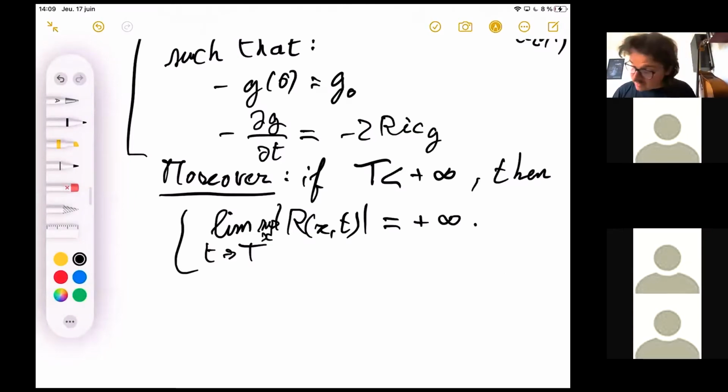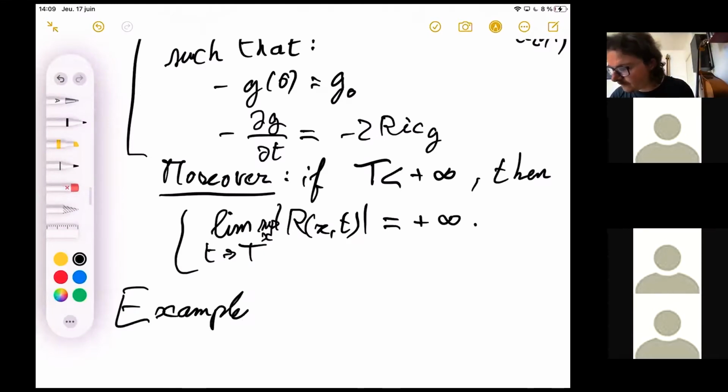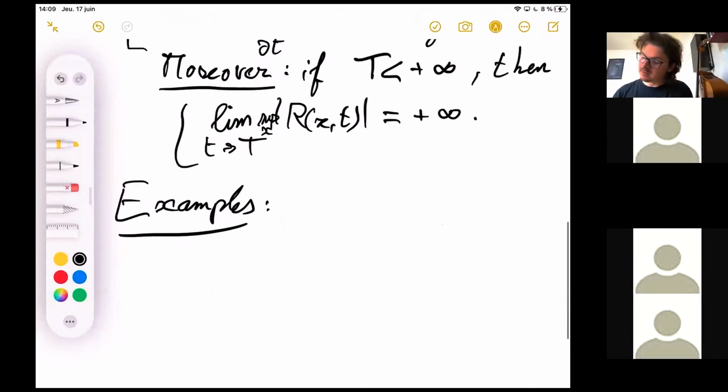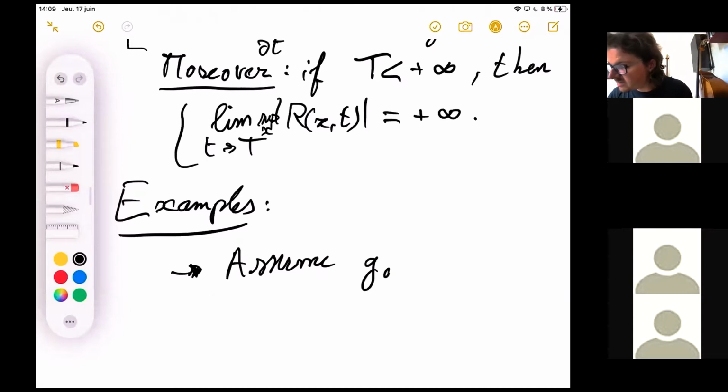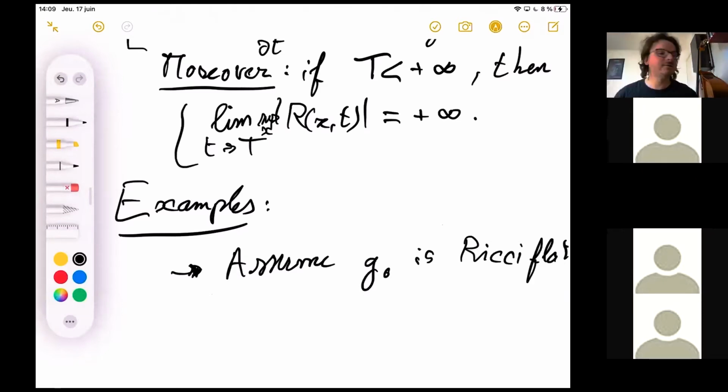Okay, now let's give some examples first. The really easy one is to assume that g0 is Ricci flat, so Einstein with vanishing Ricci curvature.